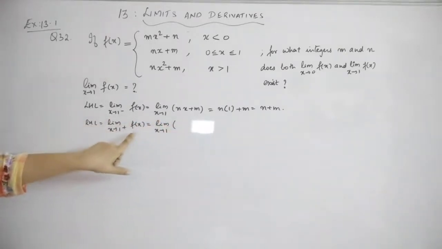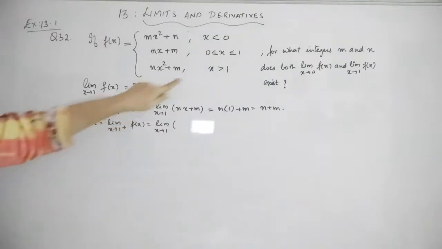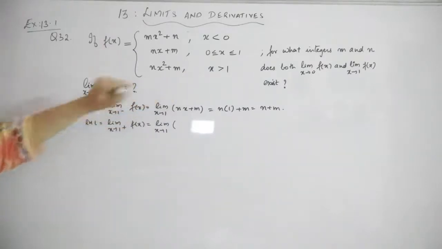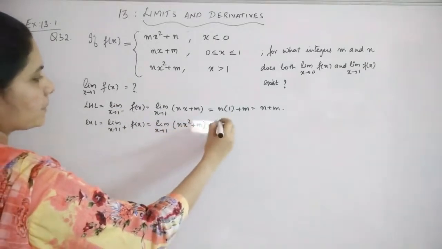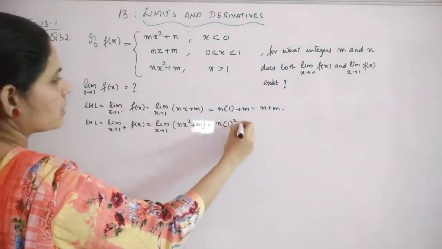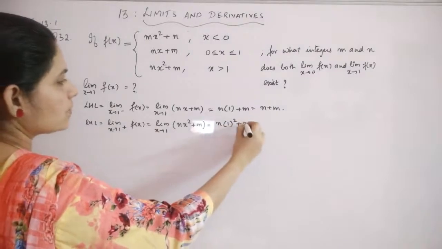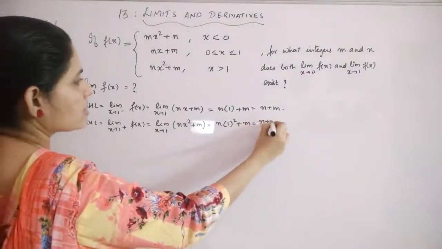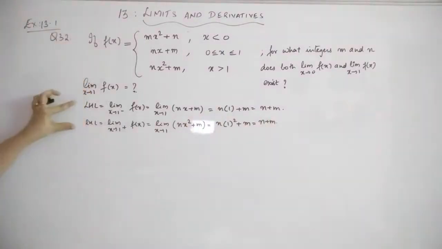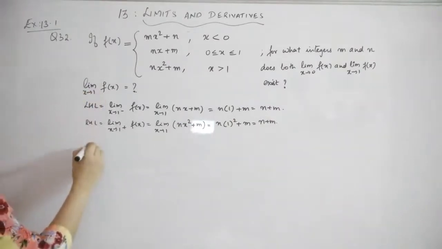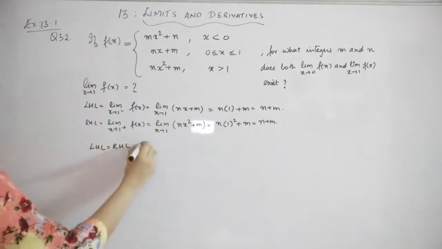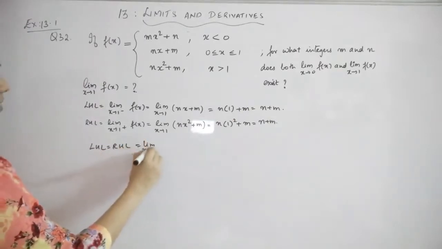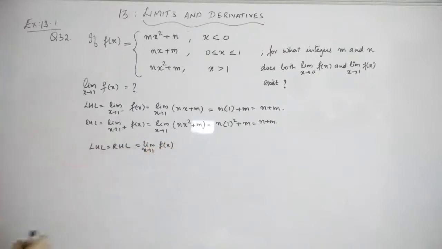What will be the value? 1 plus means it is greater than 1, so this is the value which you need to replace. So that is nx square plus m. Again replace x with 1, so it is n into 1 square plus m, which is again n plus m. So both values should coincide if the limit exists. Therefore LHL equal to RHL gives the existence of the limit at x equal to 1.